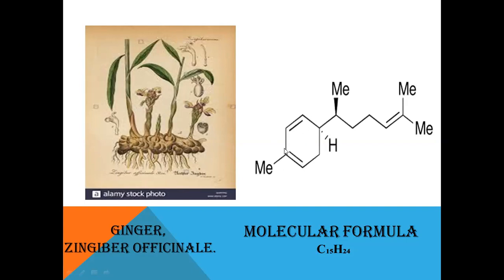Here, this carries a methyl group. Just opposite to the methyl group, the opposite position is called the para position. The para position carries the side chain. The side chain contains one single bond and ends with dimethyl groups. There are two methyl groups. So this is the structure of gingiberine.